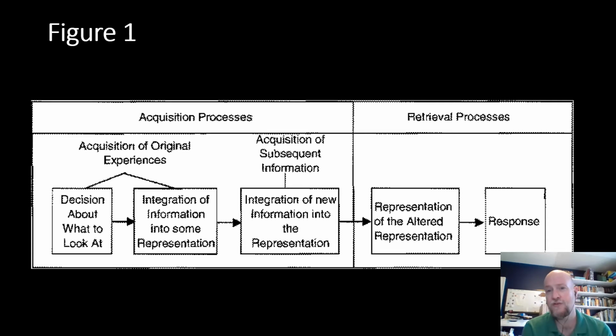Then we go into the retrieval process of memory, which is the representation of that altered representation. So this thing's been altered by these presupposition questions, and then you produce a response. Now, this may seem overly simplistic, but for the time in 1975, this was a somewhat new, somewhat novel way of looking at information retrieval, information processing in terms of memory. So let's move on to the next slide here.